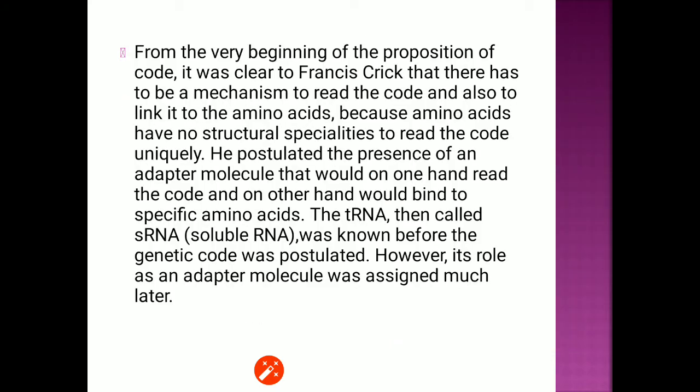From the very beginning of the proposition of the code, it was clear to Francis Crick that there has to be a mechanism to read the code and also to link it to amino acid. Because amino acid has no structural speciality to read the code uniquely, he postulated the presence of an adapter molecule that would on one hand read the code and on the other hand bind to the specific amino acid.